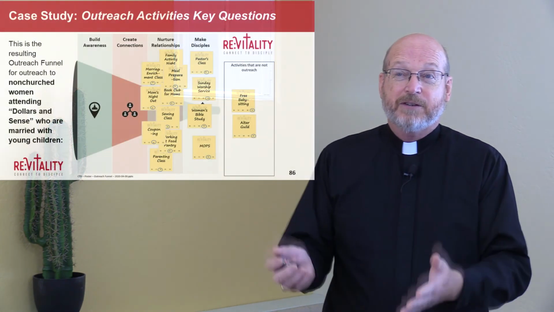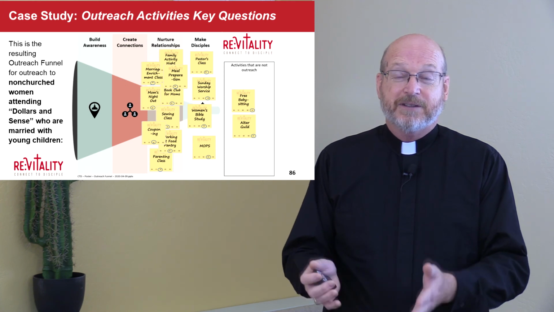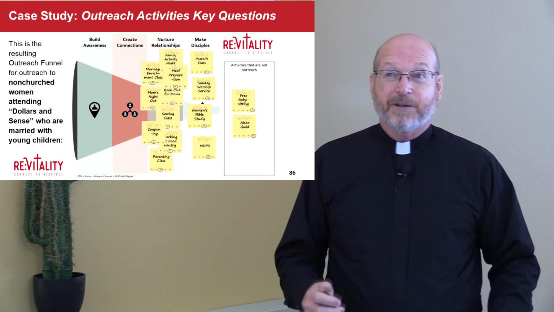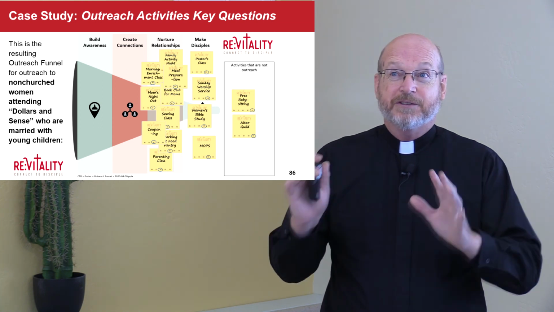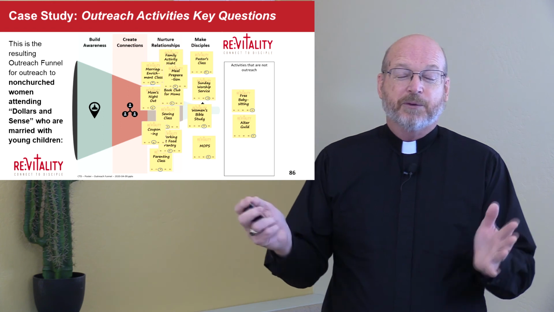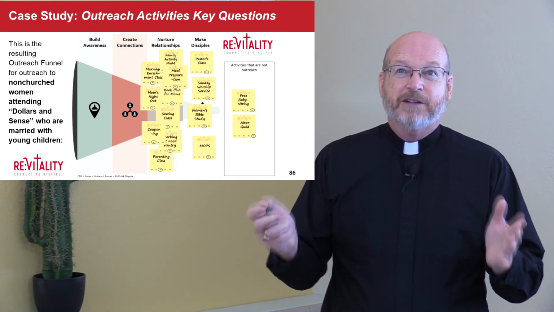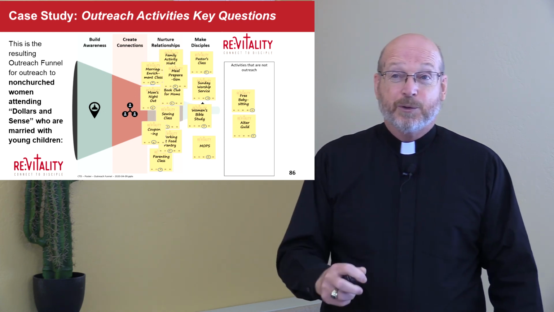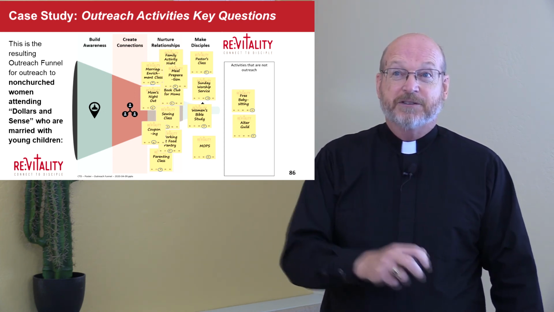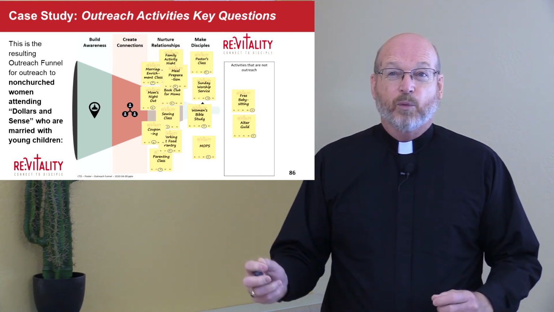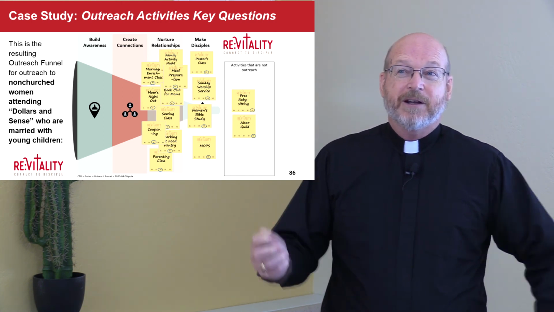Actually, what they do then is the same thing with each of those outreach activities that they identified, and put them on the outreach funnel so they were classified so they could see where things fit together. And this is the resulting outreach funnel for St. John by the Sea in their efforts to use Dollars and Cents as a gateway for outreach activities for women who are married and have young children.